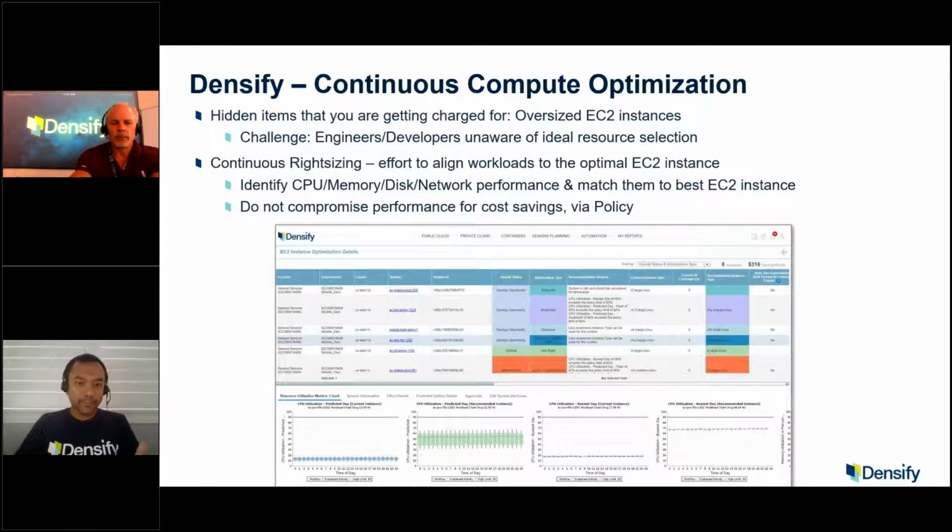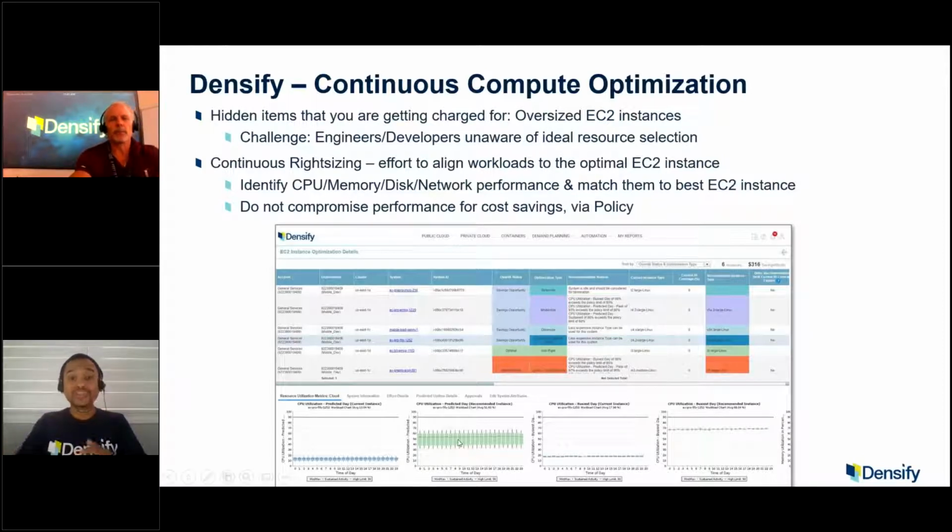And you can see this thing barely uses 15% CPU utilization. So it's not necessarily a compute intensive workload. And so we say, maybe you should go to an R5A large because that's what we identified as the best performance and cost optimization solution for you.